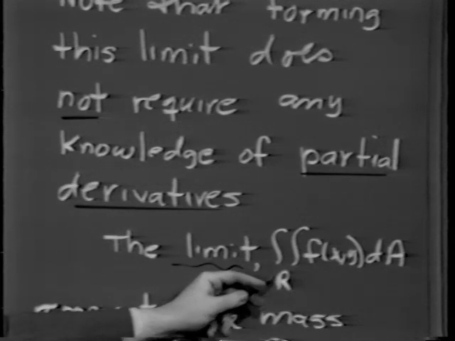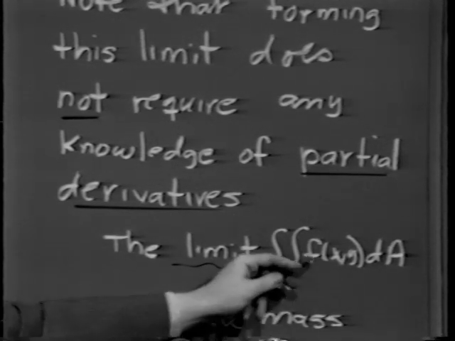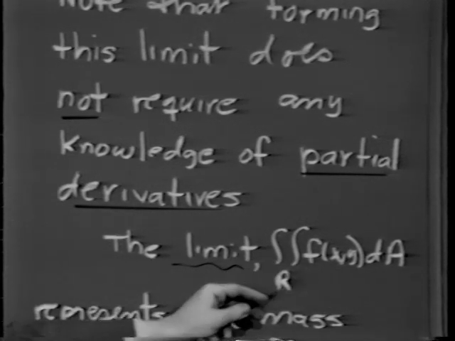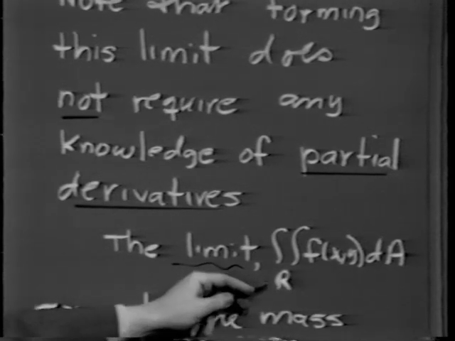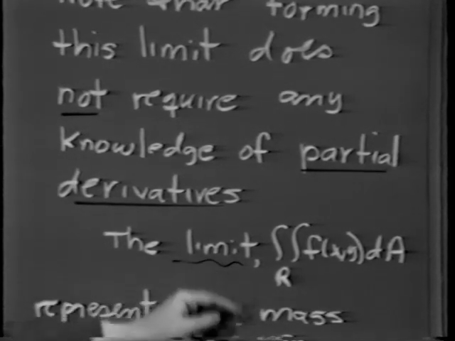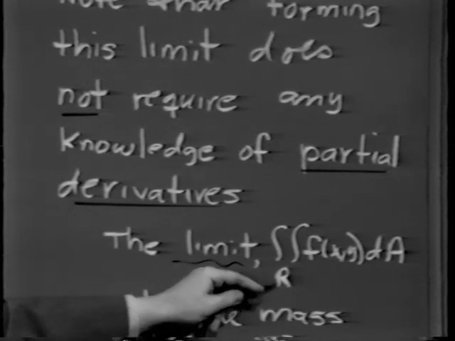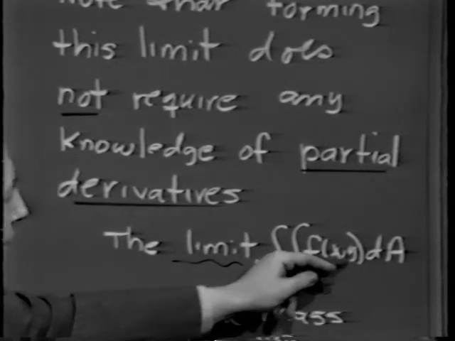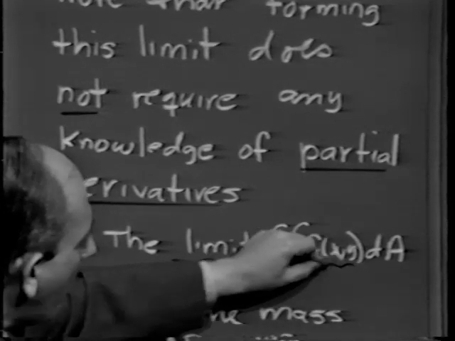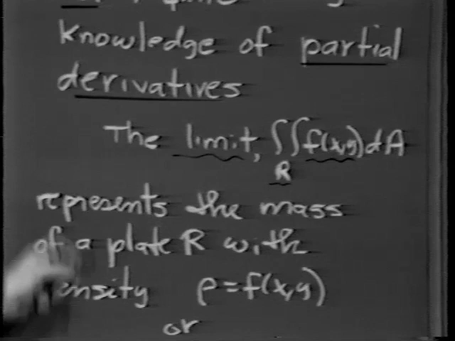And what does this double sum represent? Just by way of a quick summary again, there are two very specific physical interpretations we can give this. One is that this double sum represents the mass of the plate whose shape is the region R and whose density at the point (x, y) in R is given by f of x, y. In other words, this part here controls the density, and this part here controls the shape of the region.